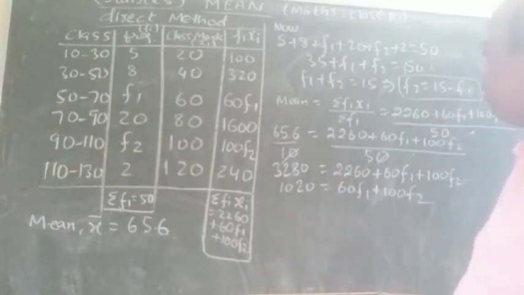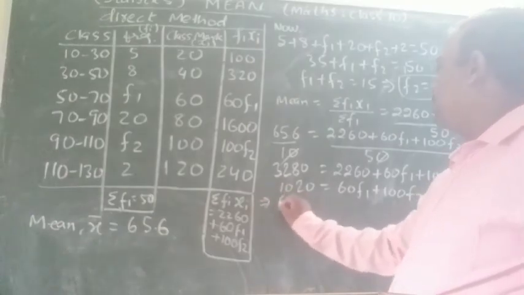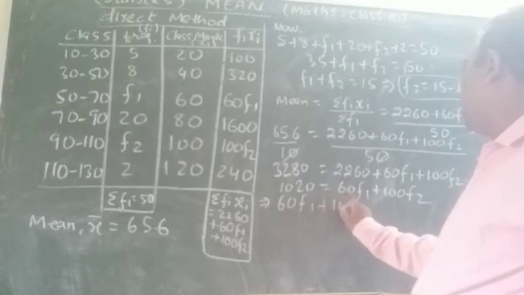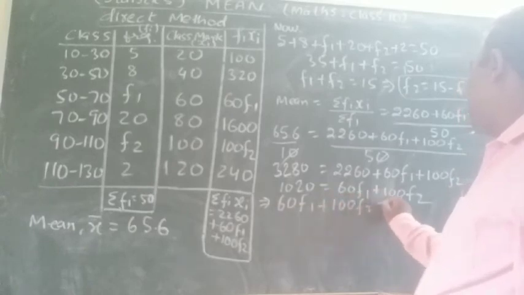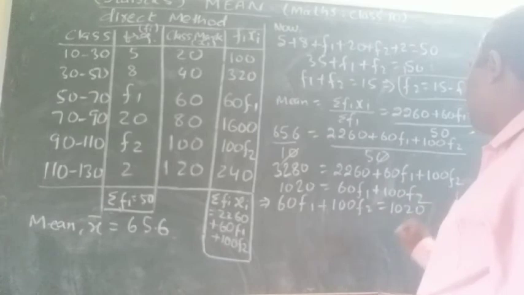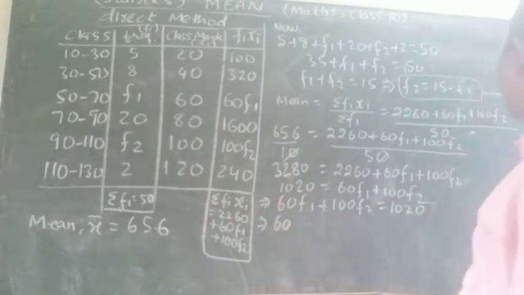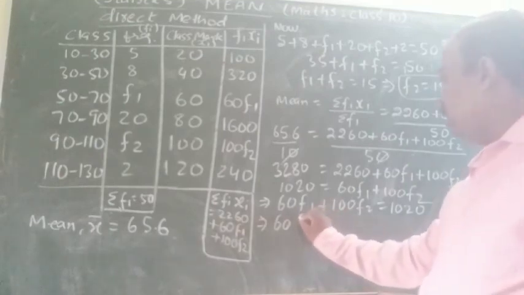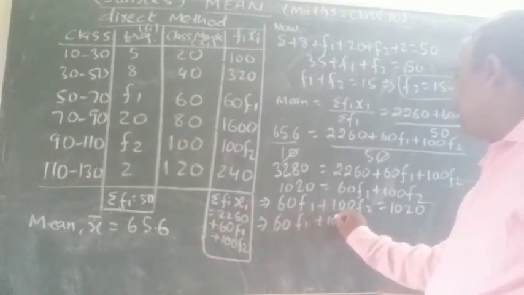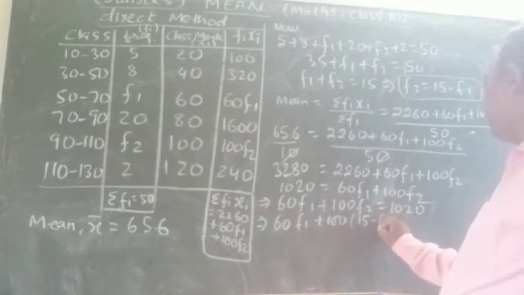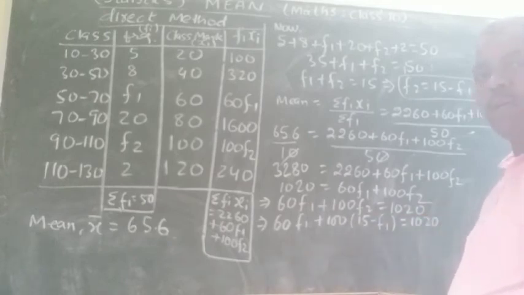So we write 60 F1 plus 100 F2 equal to 1020. From equation 1 we can put 60 F1 plus 100 times (15 minus F1) equal to 1020. Clear? Now do the calculation.